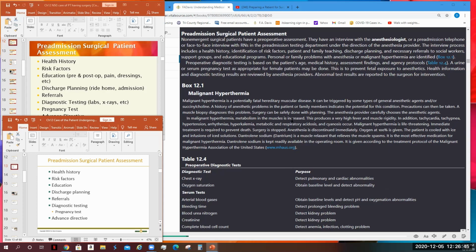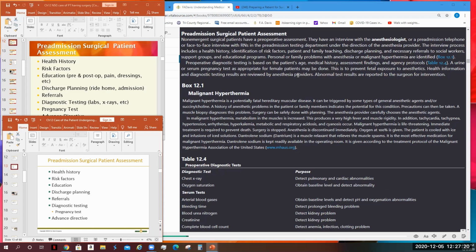Malignant hyperthermia, this is Box 12.1 on page 175. Malignant hyperthermia is a potentially fatal hereditary muscular disease. It can be triggered by some types of general anesthetic agents and/or succinylcholine.